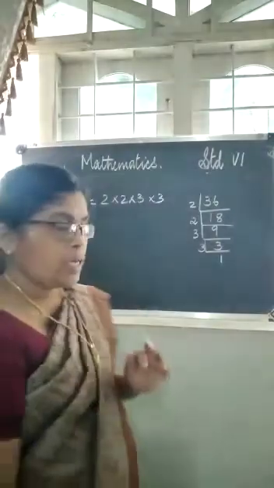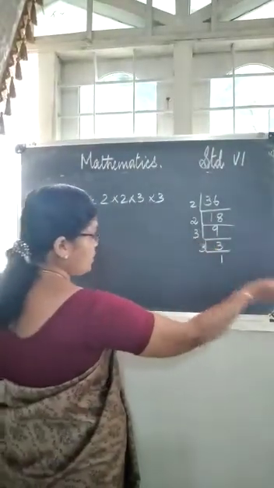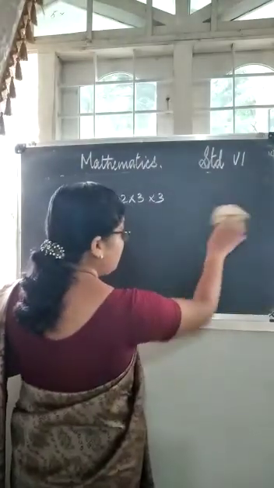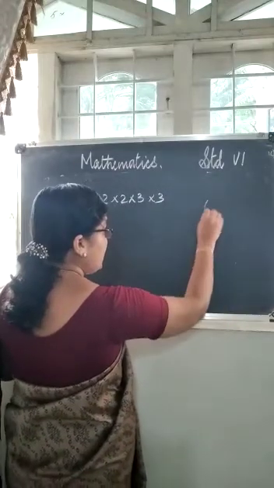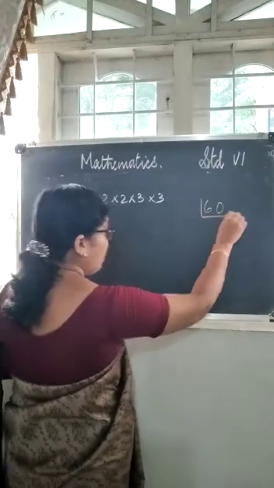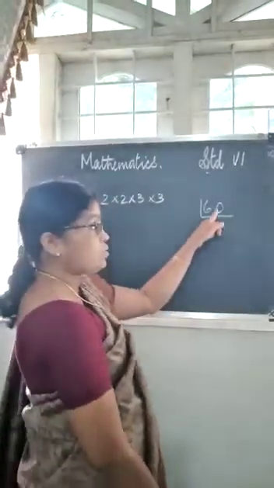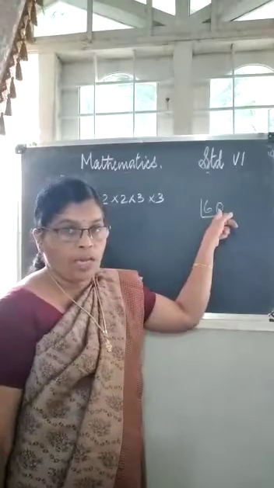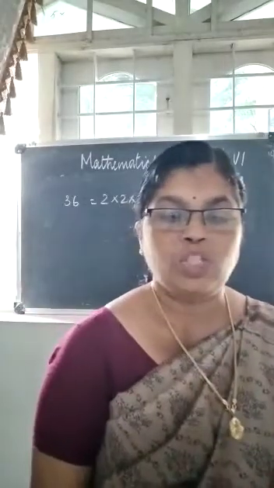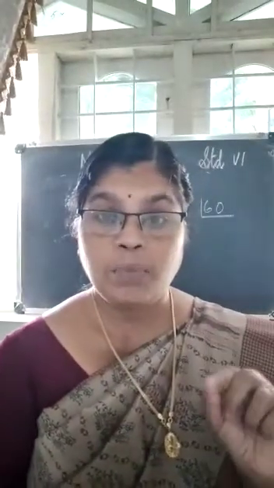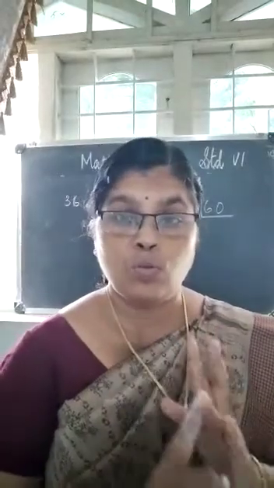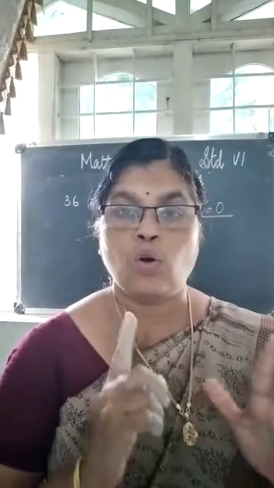Now we have seen the factors of 60. Let us do the prime factorization of 60. 60 can be divided by 2 because the ones place digit is 0. A number is divisible by 2 if the ones place is 0, 2, 4, 6 or 8.